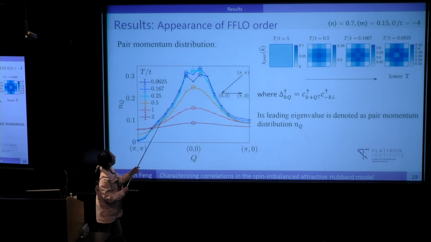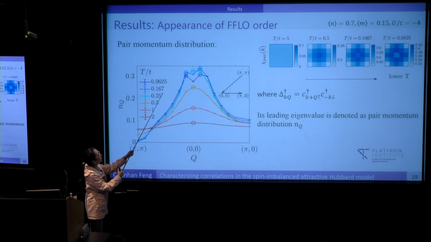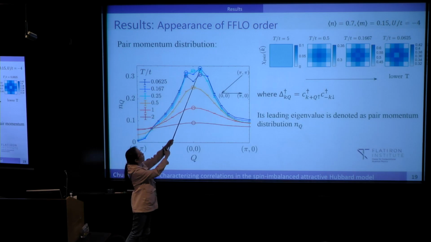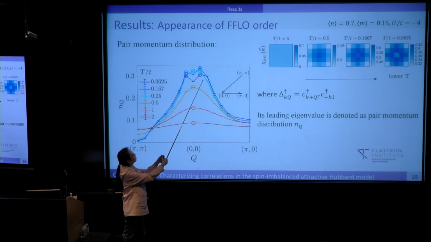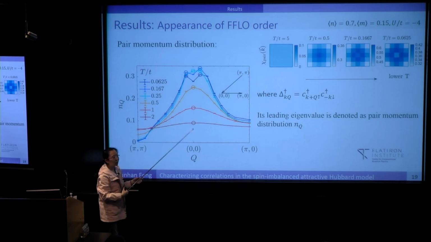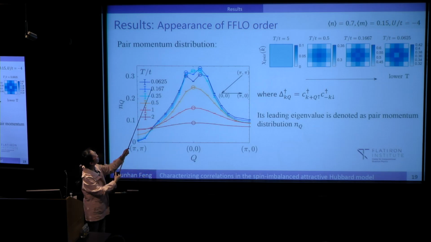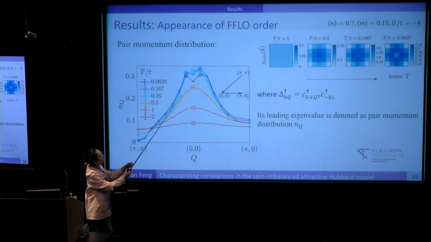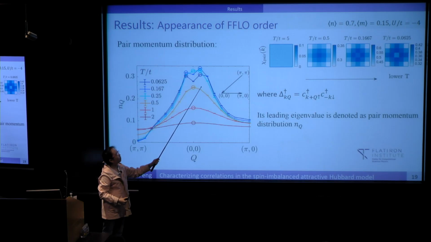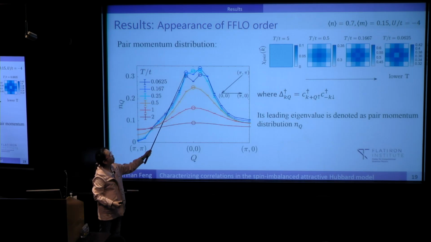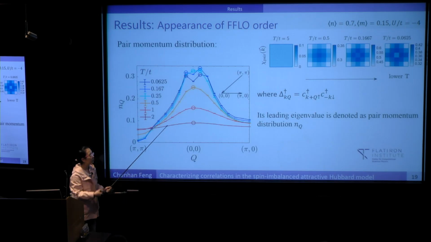And later, when we lower the temperature to 0.25, we first see a peak appears at (pi over 8, 0). And finally, when we lower the temperature to 0.06, we can see there's not only a peak along the (1, 0), but also another peak along the (1, 1) direction.